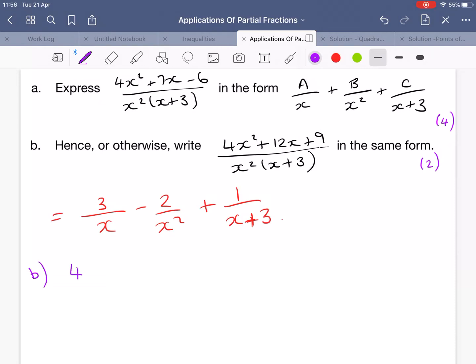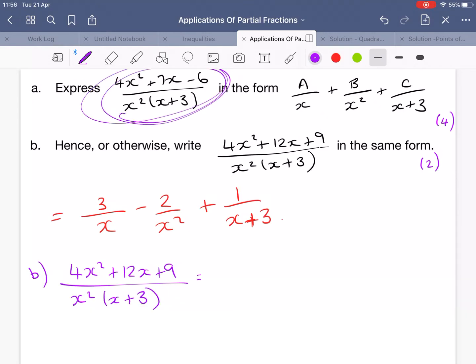And what I've got to think about is I've got to write this 4x squared plus 12x plus 9 all over my x squared and x plus 3. And I want to use this. So actually I'm going to write that that's 4x squared plus 7x minus 6. Now, but I had 12 x's, so guess what? I need another 5 x's, because I need 12 x's.